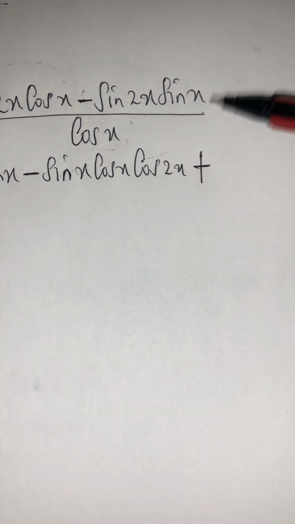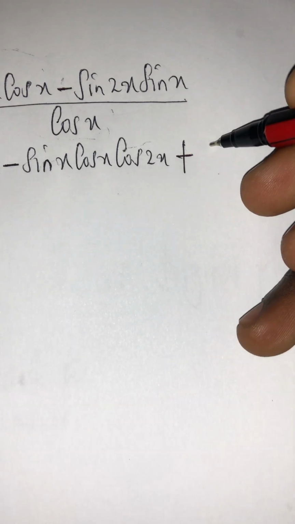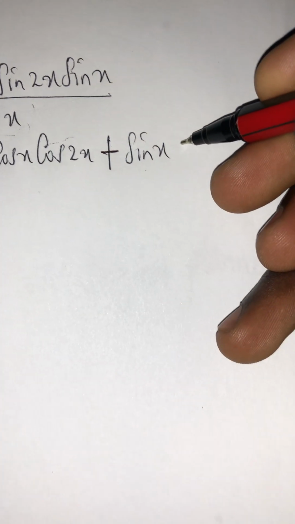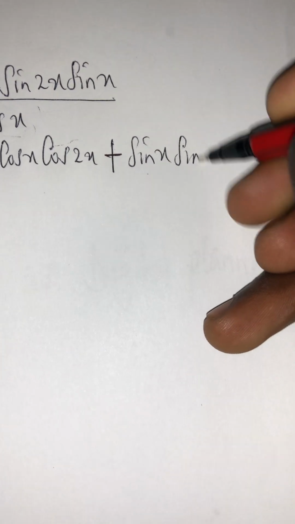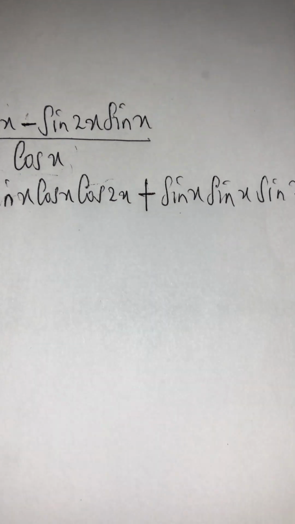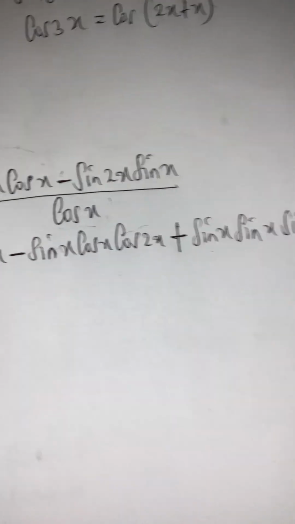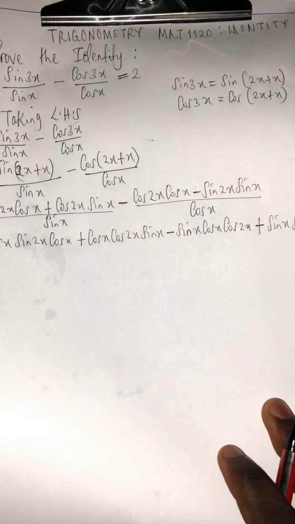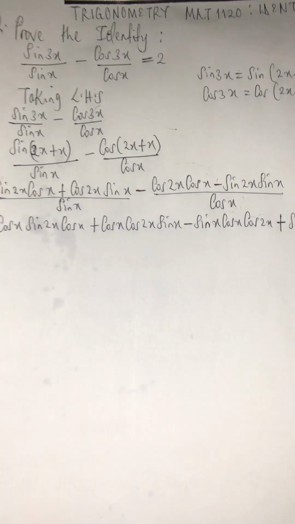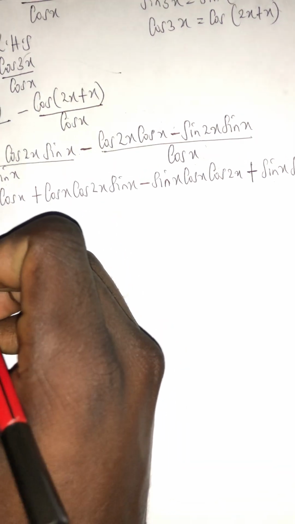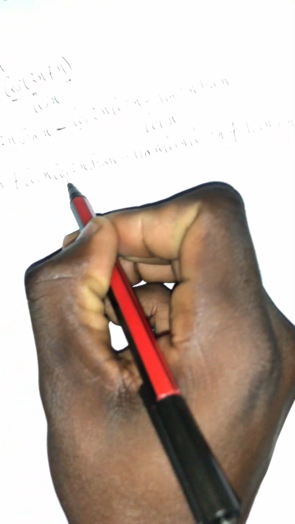Then sine x multiplied by sine 2x sine x, that is sine x sine x sine 2x. Then what I'll do here, I'll just say over everything, over the product of the denominator.